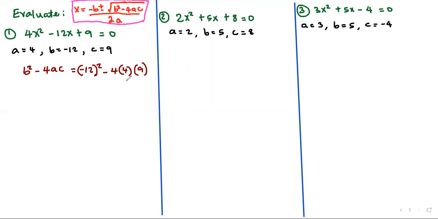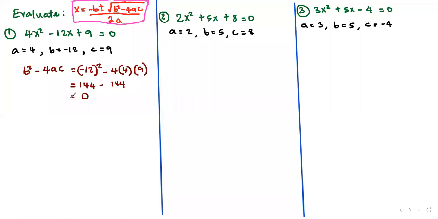You see that? So minus 12 squared will give you 144. Minus 4 times 4 times 9, you will get 144. So that b squared minus 4ac is equal to 0.